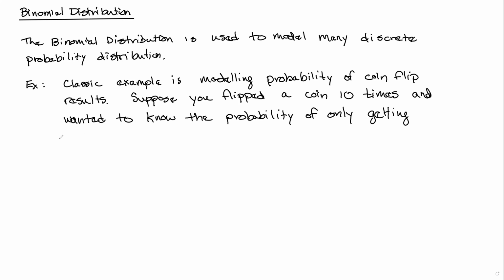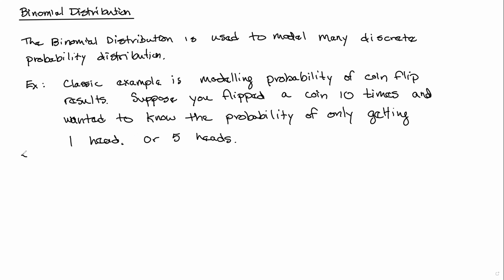So we could say, what's the probability of only getting one head on 10 coin flips? Or 5 heads? And so on. So any type of outcome that you're interested in, you can go through and calculate the probability of getting that outcome using the binomial distribution.